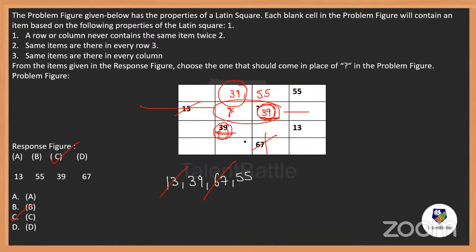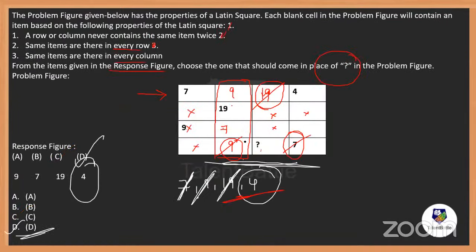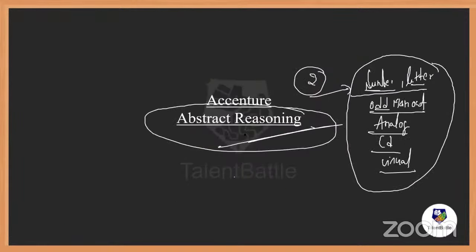And this also actually falls under figure kind of questions only, visual reasoning, or completely puzzle kind of questions also, you can say. So you got the idea how the paper will be for abstract reasoning, and these are the majorly focused topics. I hope you understood all we have discussed in this session, and this gives you the idea about abstract reasoning.